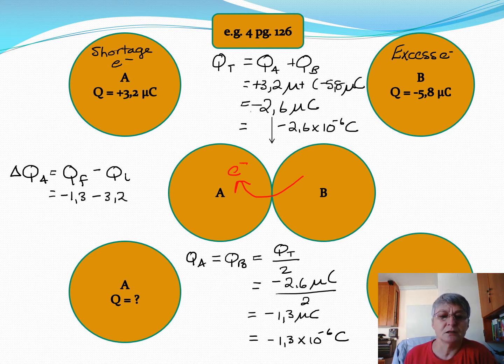So it's negative 1.3 minus 3.2. That gives us a negative 4.5 microcoulomb charge. So the charge there is negative because A gained electrons.